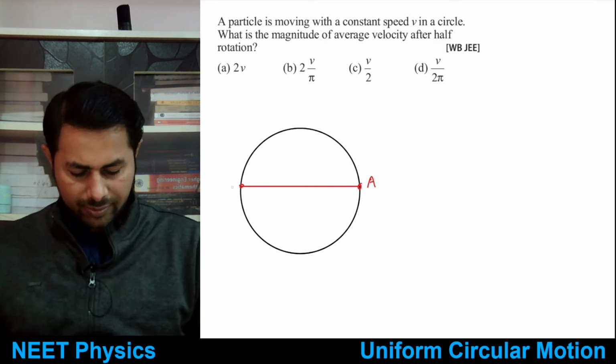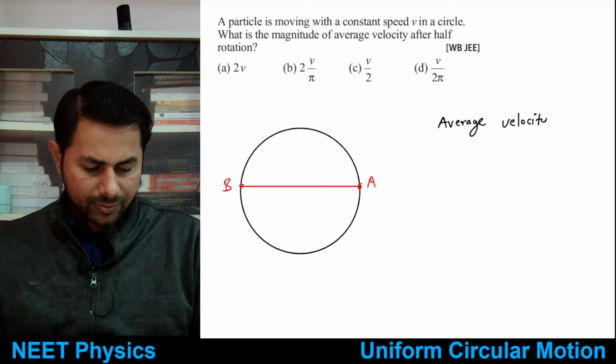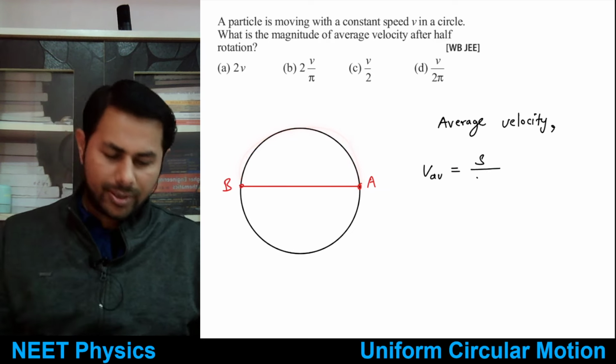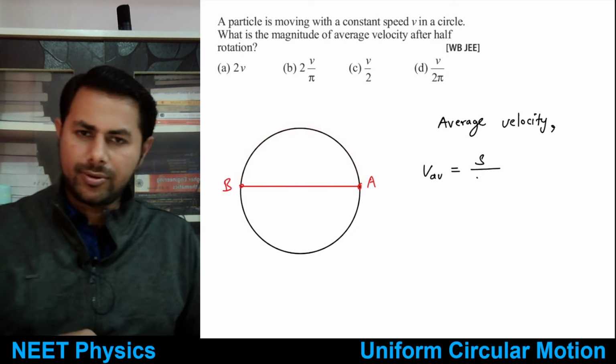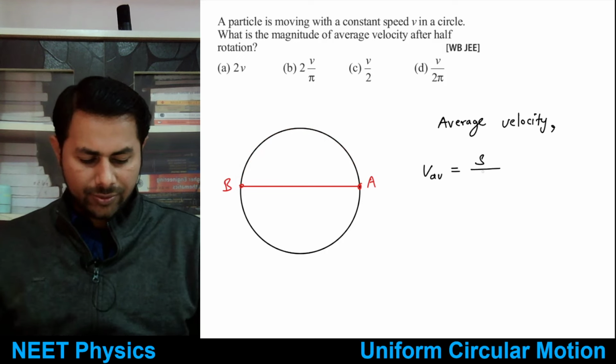So therefore, you will have average velocity. v average is just equal to displacement divided by time. So what time will it take to complete the half revolution? Time taken would be just equal to T by 2, right?